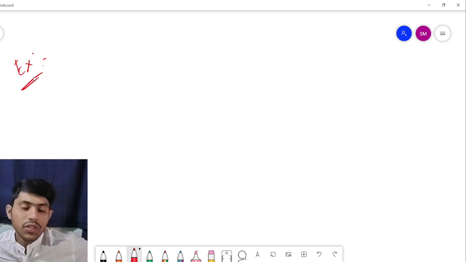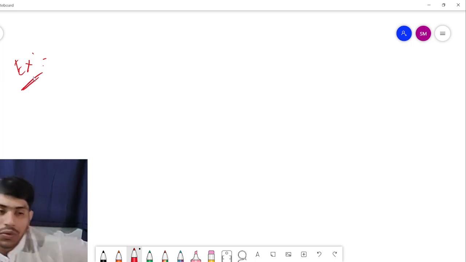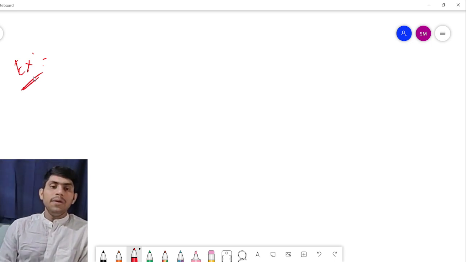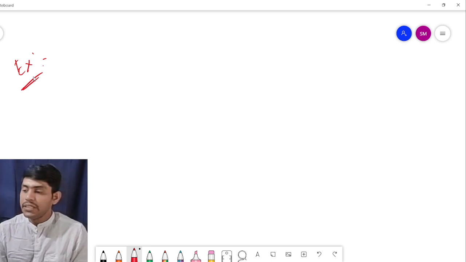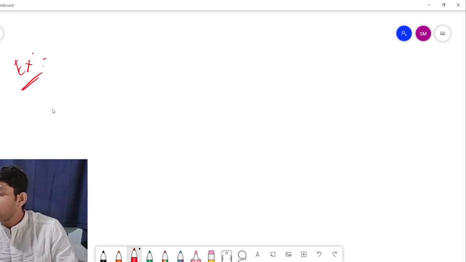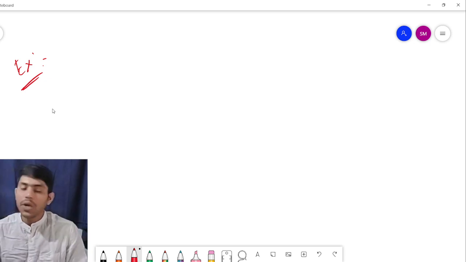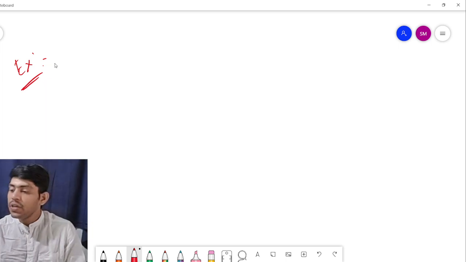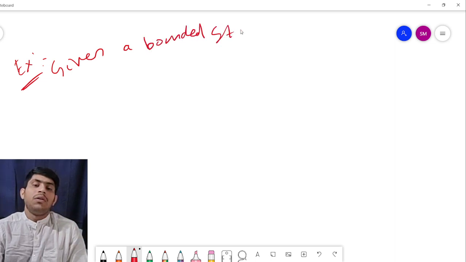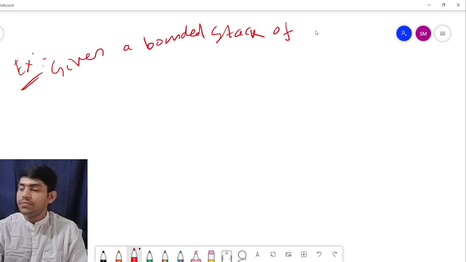Example. Based on the instruction, we'll do the example. Given a bounded stack of exact capacity 4, fixed size.